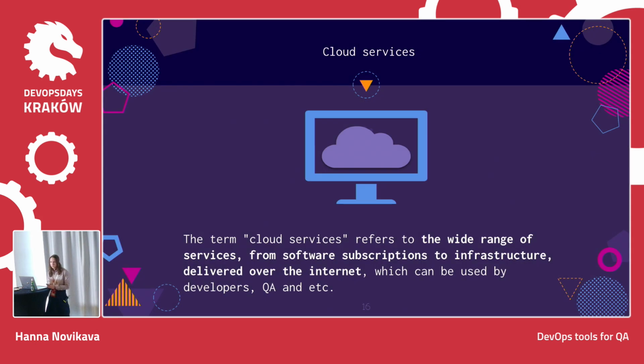And cloud services. I think right now it's impossible to live without cloud services. When I say cloud services, as you can see, this term refers to a wide range of services, from software subscription to infrastructure, but I usually mean AWS, GCP, and Azure services.